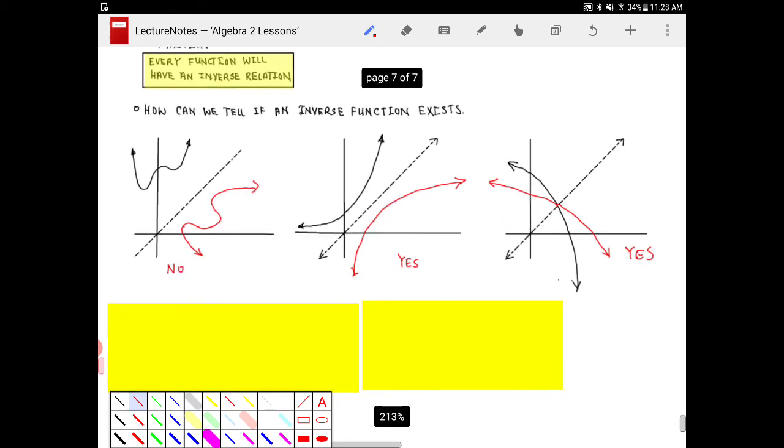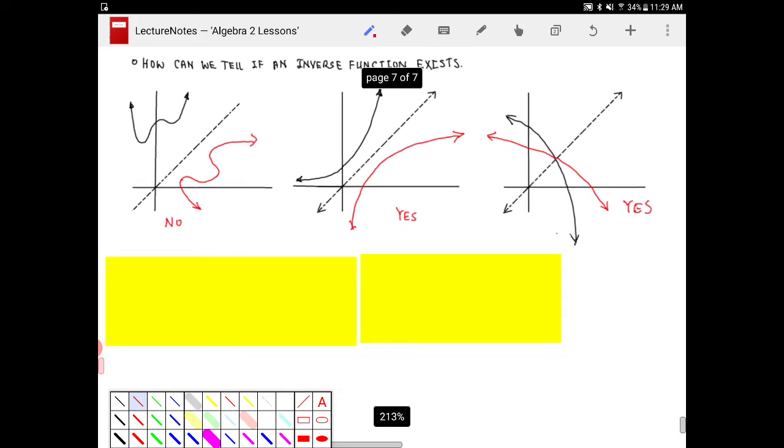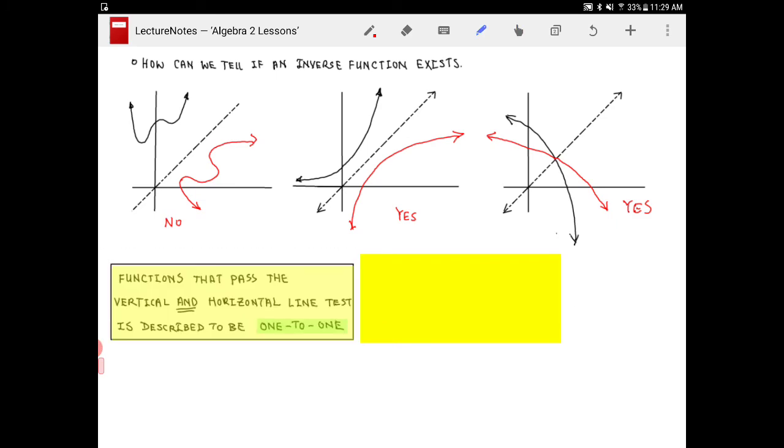So hopefully by now, having gone through this, what is the general conclusion that you can make? Well, if the vertical line test is the test to see whether or not a relation is a function, then to see whether or not a function will have an inverse function, we need to perform both the vertical and horizontal line test.